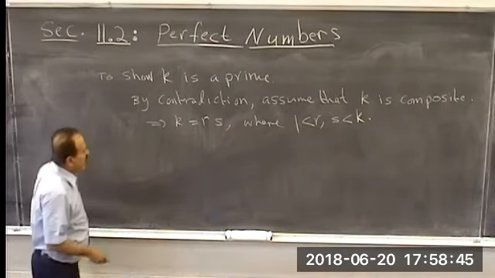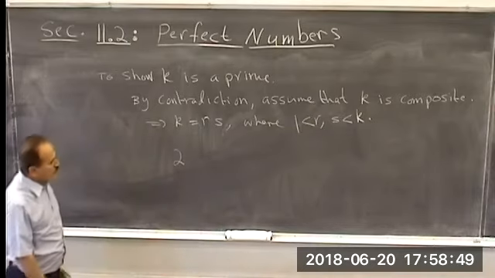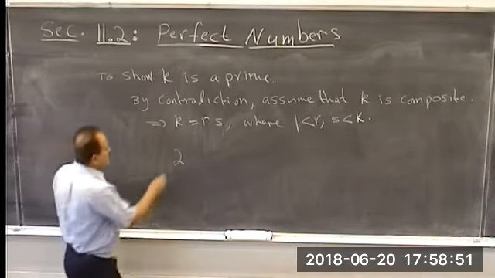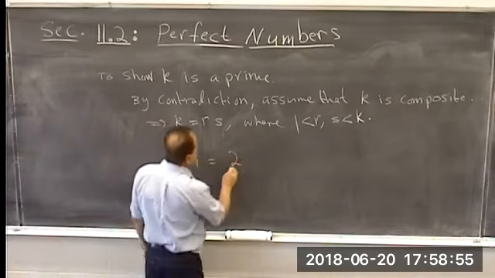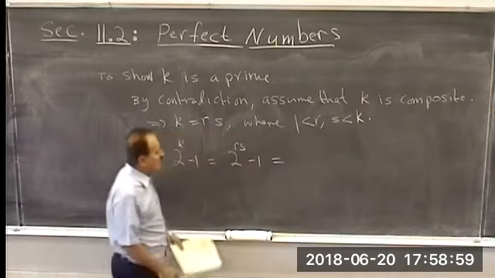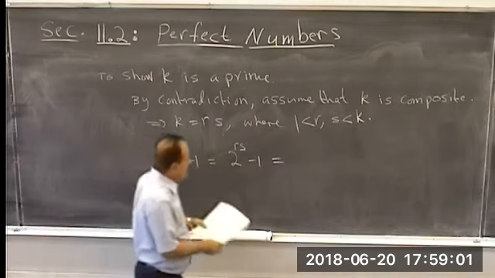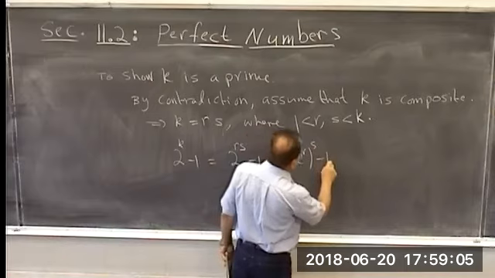Well, since we already proved that a is 2, we're going to consider 2^k minus 1, which is equal to 2^(rs) minus 1. And I can write this one as (2^r)^s minus 1 like this.